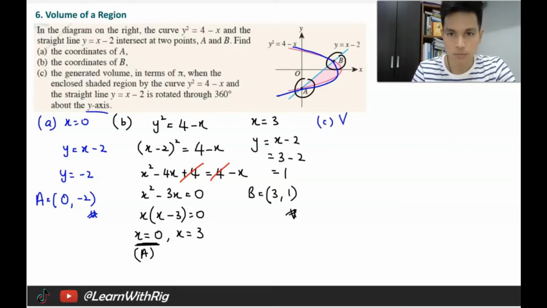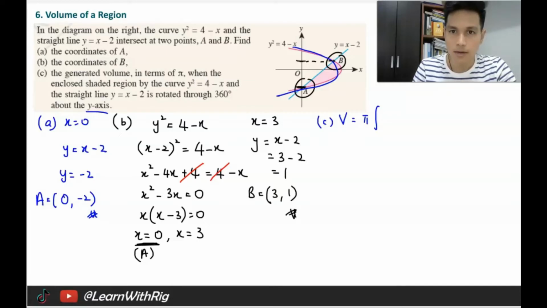So the volume of the shaded region is going to equal pi times the integral. What are the two coordinates? We are only going to take this point and this point, not all the way here, please. What is the coordinate?